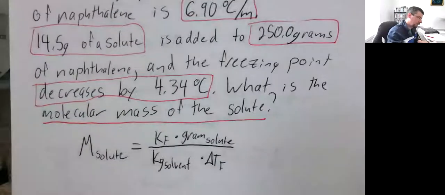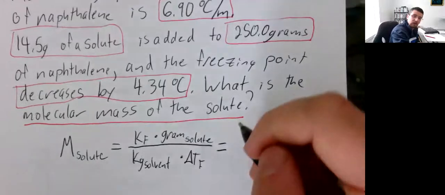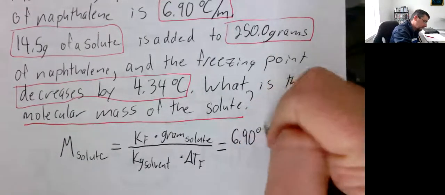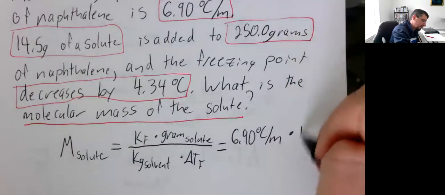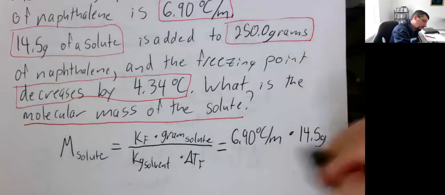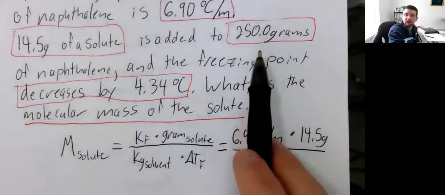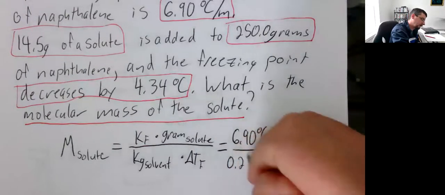And luckily, we're given all of these values. So Kf, that would be 6.90 degrees C per molal, times the mass of our solute divided by kilograms of solvent. So we have to convert that to kilograms. Just divide by 1,000 to get from grams into kilograms.